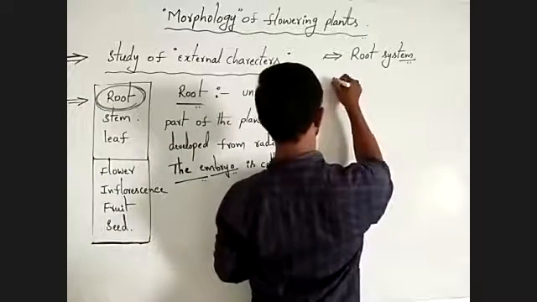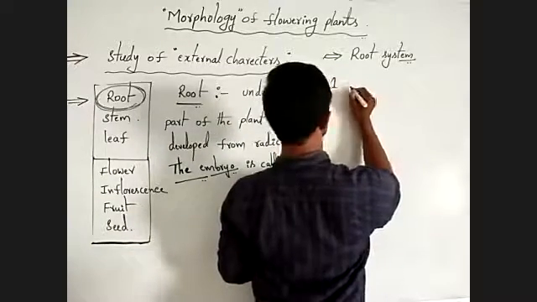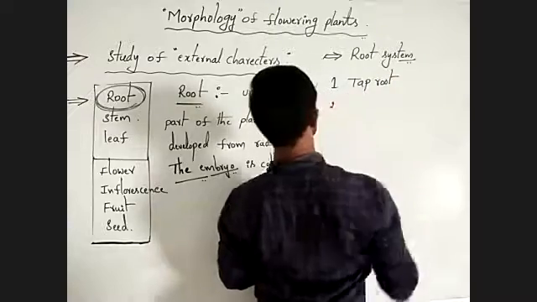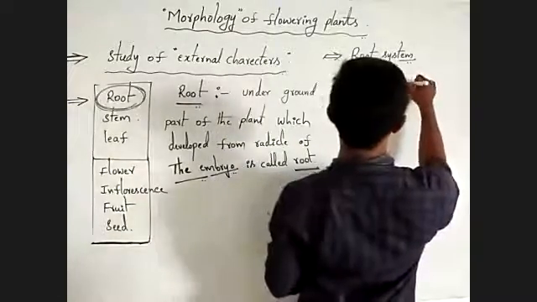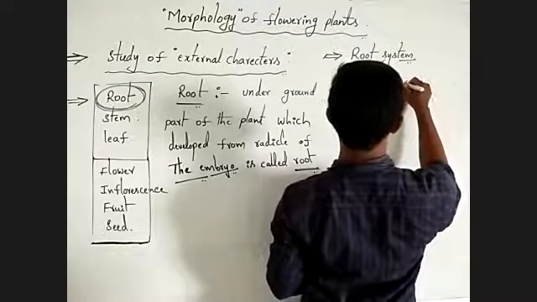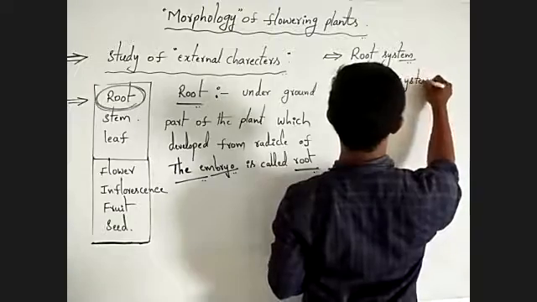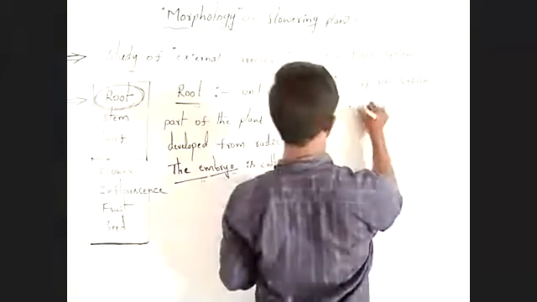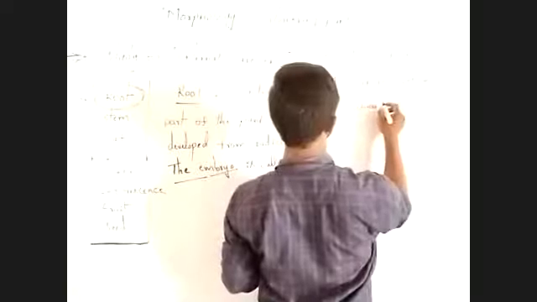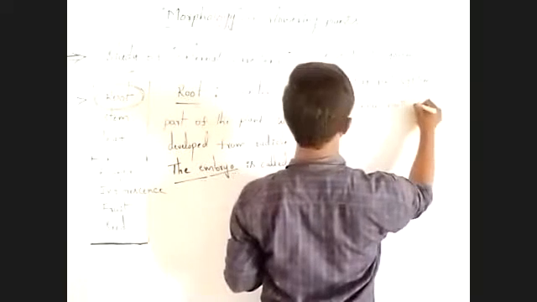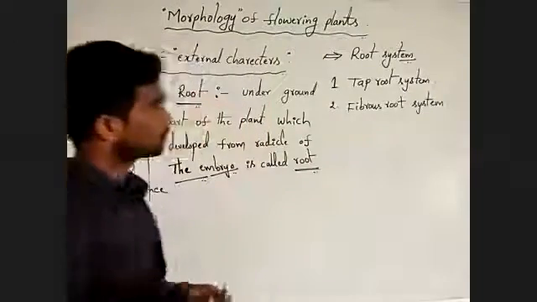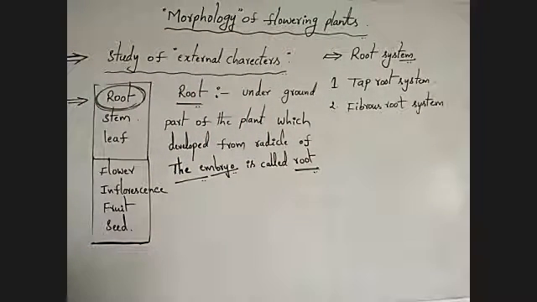Next, how many types of root systems are there? Two types: tap root system and fibrous root system.